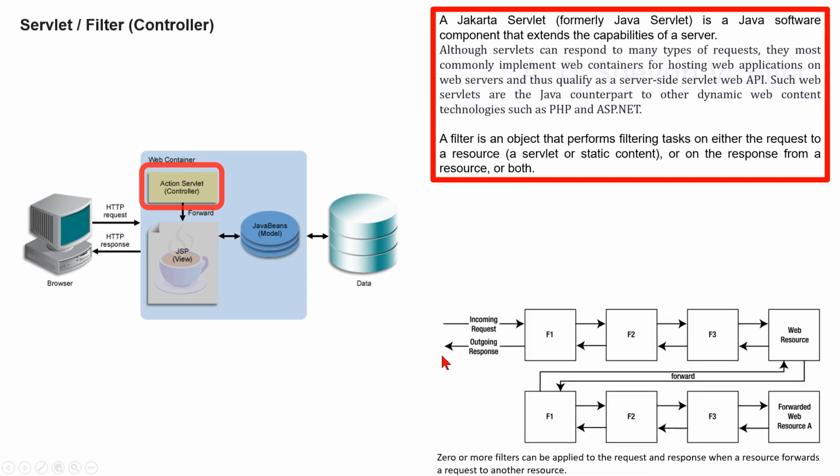Here zero or more filters can be applied to the request and response when a resource forwards the request to another resource. In this case, the filter chain will operate in both standard request processing and the forward resource processing, as shown in this figure.